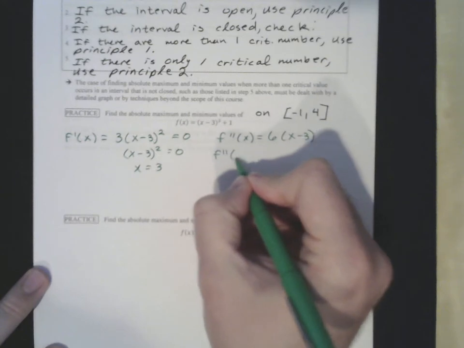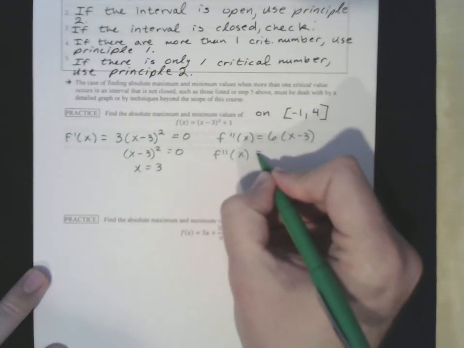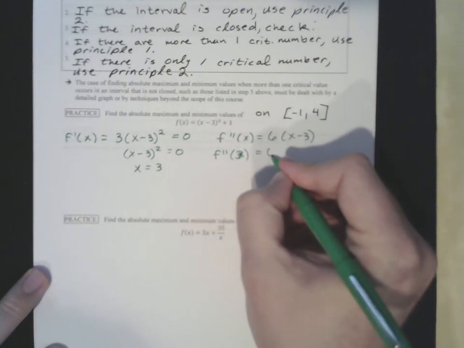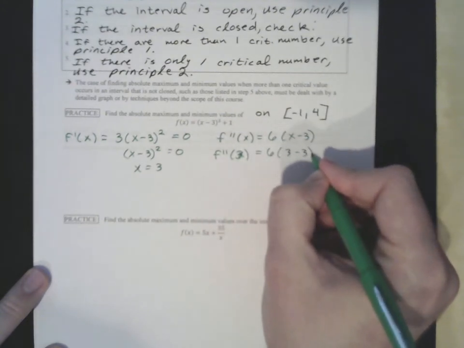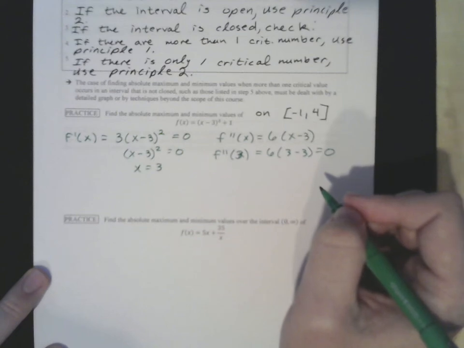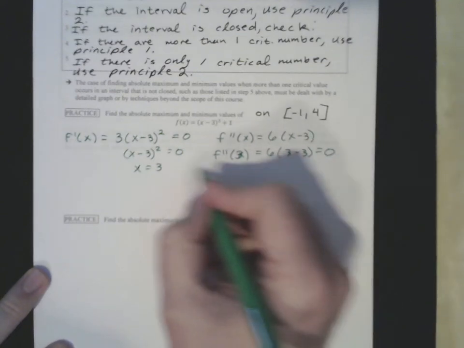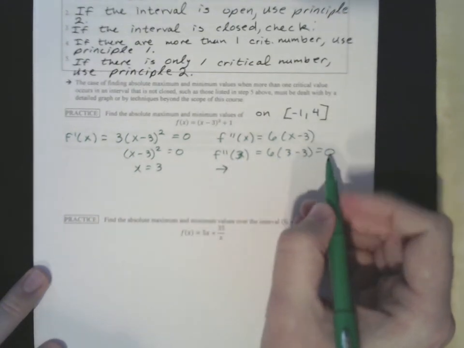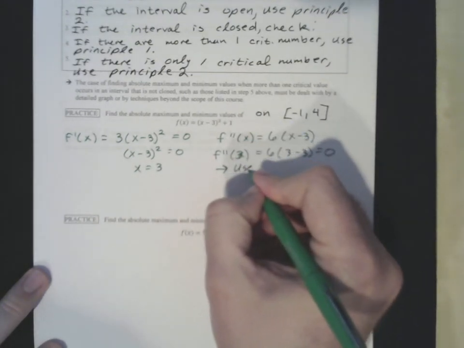We're going to plug in our number, f double prime of 3 equals 6 times (3 minus 3). This equals 0. Well, remember, in principle 2, if we get 0, we need to use principle 1.